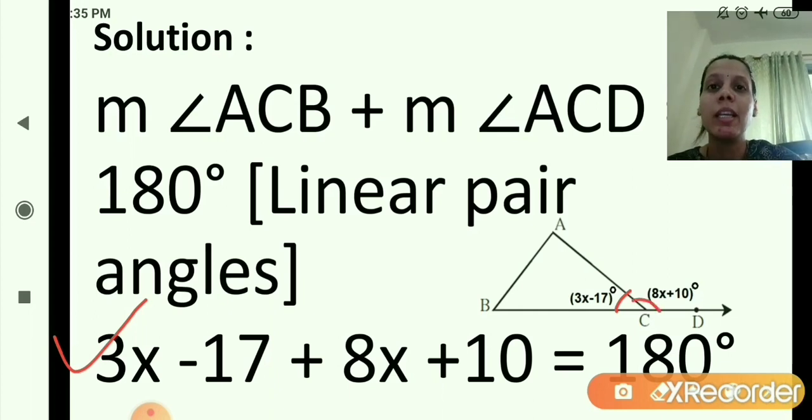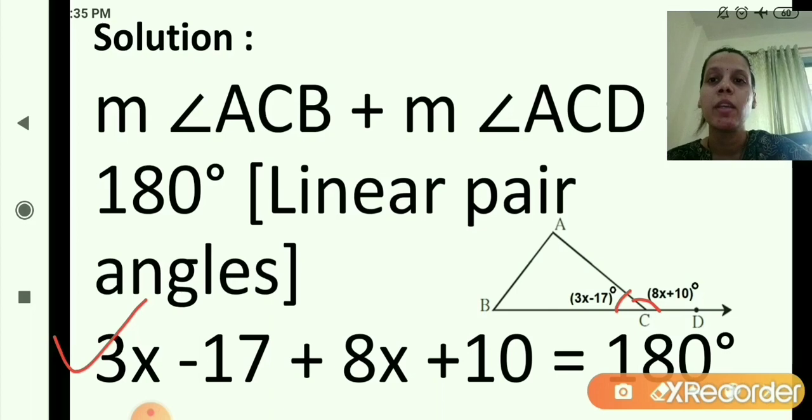So as you can see here, in the next step, 3x minus 17 plus 8x plus 10 is equal to 180 degree. Understood? First we have written measure of angle ACB plus measure of angle ACD is equal to 180 degree because they are linear pair angles, so their measure is equal to 180 degree.